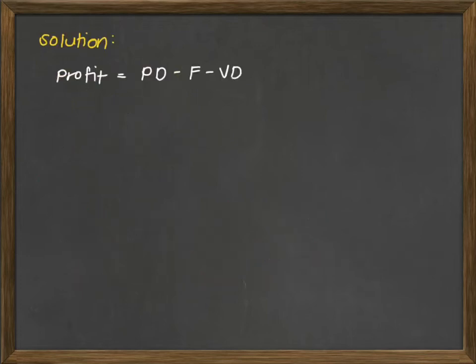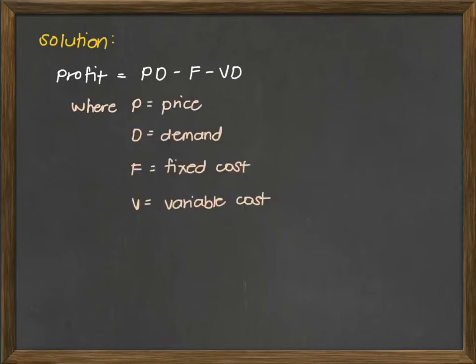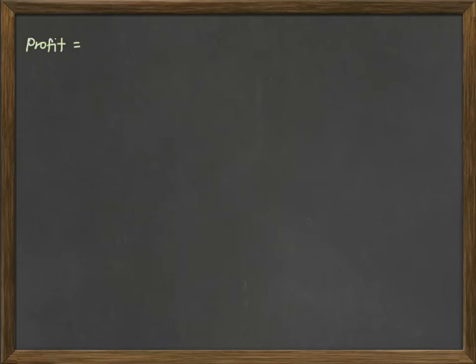Now, for our solution, profit, using the formula of your total revenues minus your total costs. So, that's your price multiplied by demand minus your fixed cost minus your variable cost multiplied by demand. Now, yung P is your price, D is our demand, F is your fixed cost, and V is your variable cost. Now, for our profit equation, so sinubstitute lang natin yung values.